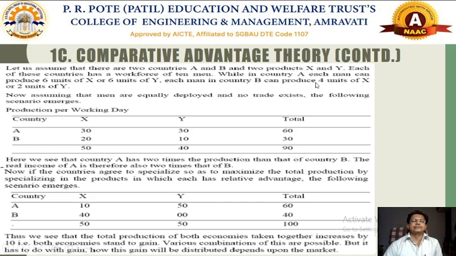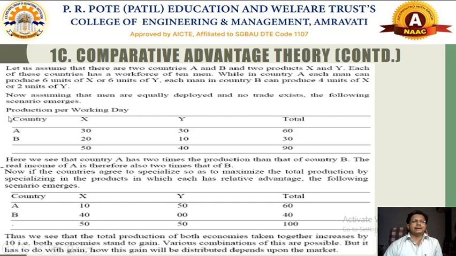Or 2 units of Y. So this data has been given. Now assuming that men are equally deployed and no trade exists, the following scenario can emerge: production per working day.